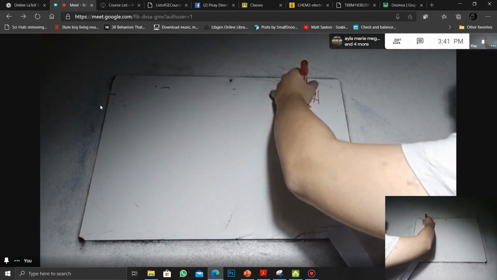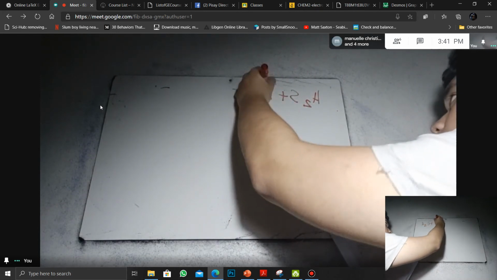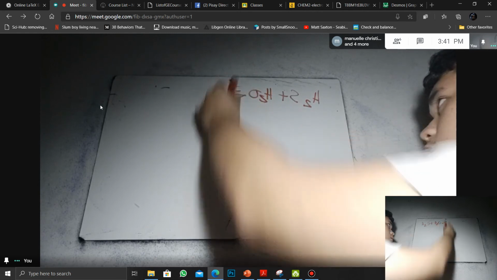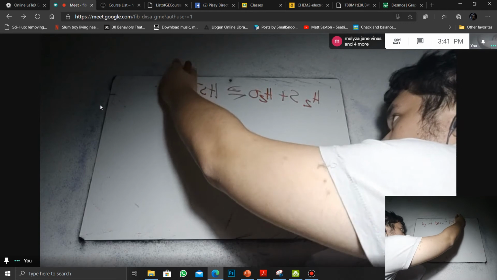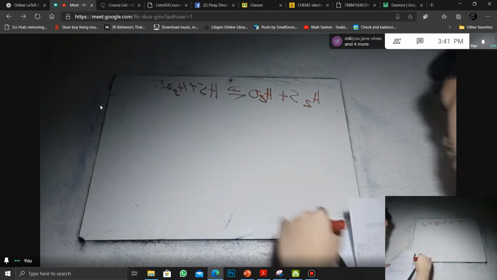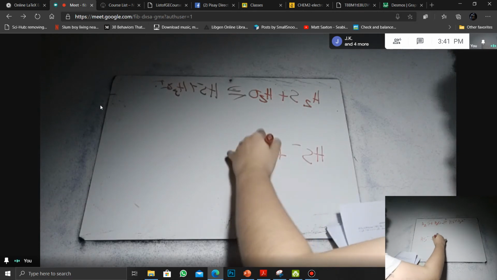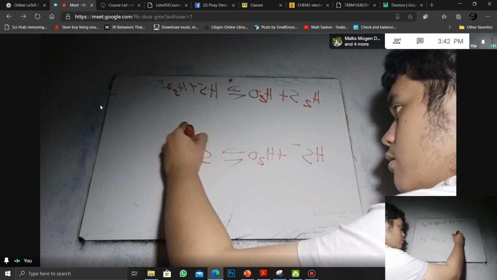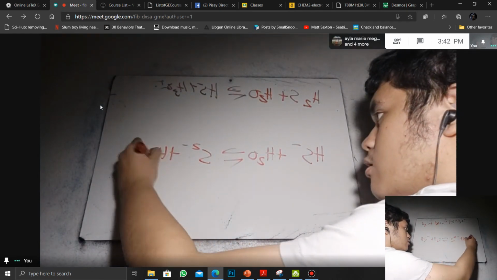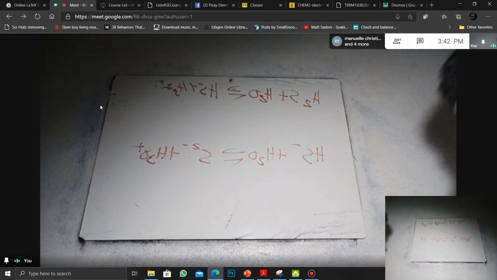So, gawa tayong dalawang ice table. Next, ice table. Game. Fill out the tables.